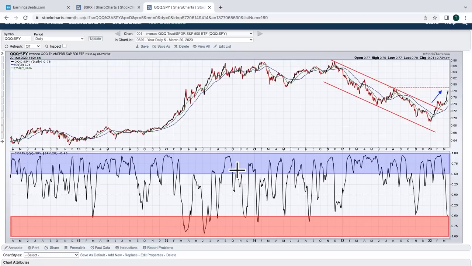You can go back as long as you want and look at it. But over the past 5 years, there's been a very tight positive correlation. Is it perfect? No. You can see this correlation spends a lot of time above 0.5, but it also spends plenty of time below it.